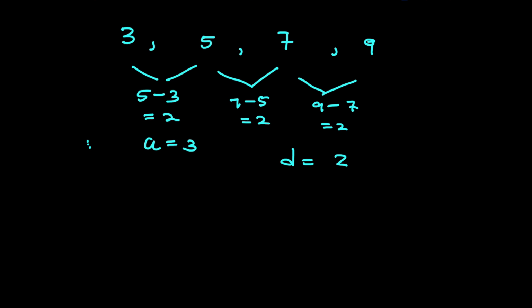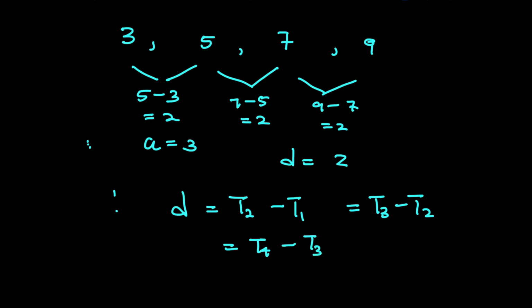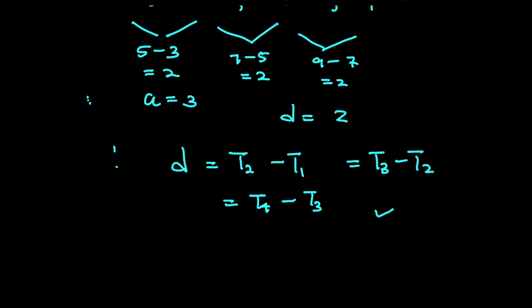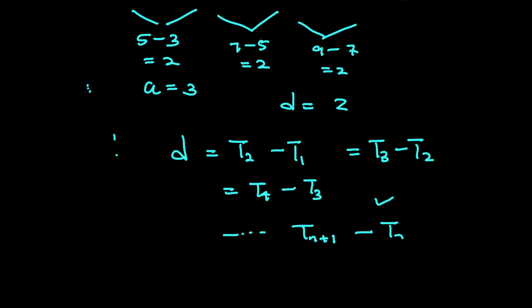And how can you be certain that a specific sequence is an arithmetic sequence? Just take note that D, the constant difference, in other words T2 minus T1, should equal T3 minus T2, which should equal T4 minus T3. So as you go further, Tn plus 1 minus Tn should give you the same value.